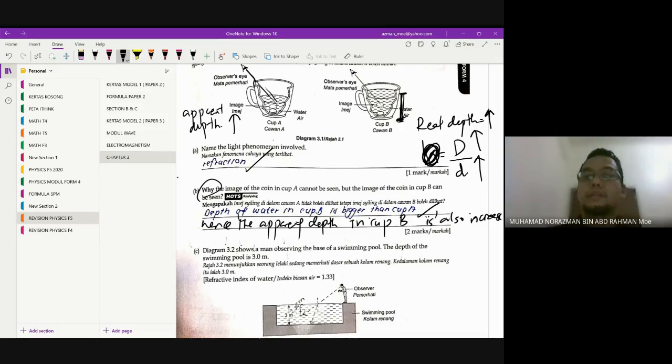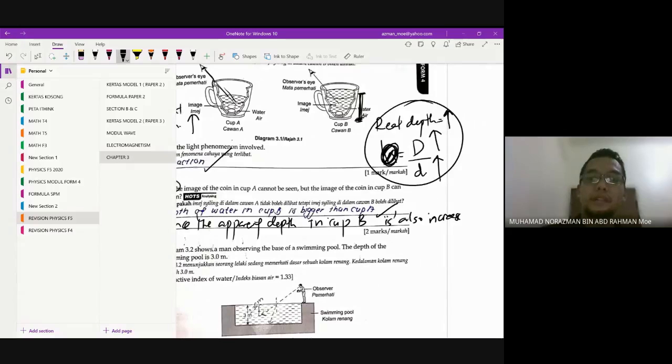Okay, itu dia. So based on this formula, kita buat relationship.